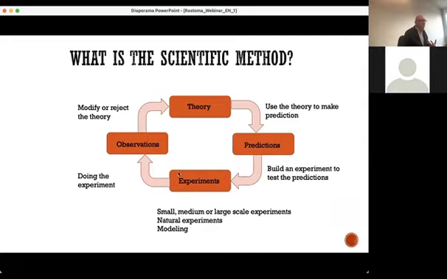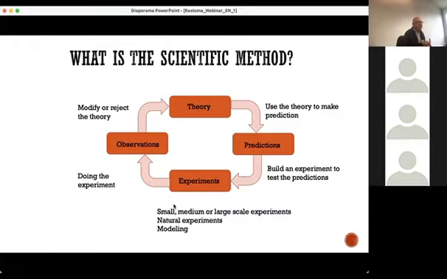So you are doing different kinds of experiments. We will see just after some different kinds of experiments applied to marine turtles. And from the experiment, you are doing new observations. You will change a little bit or profoundly the theory, and so on. It makes something like a general progress of the way you are explaining the situation you are working on.